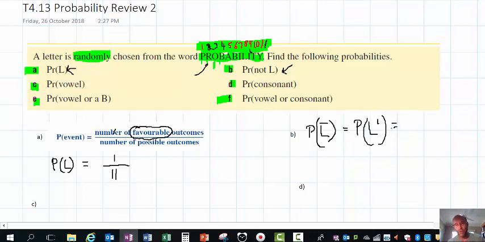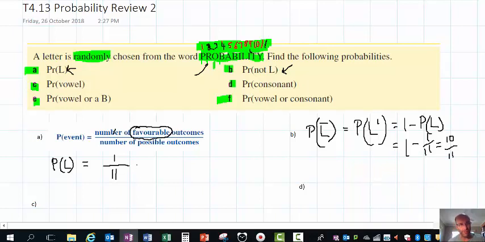Basically, it's all the other outcomes. There's 10 other outcomes, so it'd be 10/11ths, or another way of doing it is 1 minus the probability of getting an L, which we saw was 1/11th. So it's 1 whole minus 1/11th, which is 10/11ths. Or you could just count up 10. So the answer is 10/11ths.